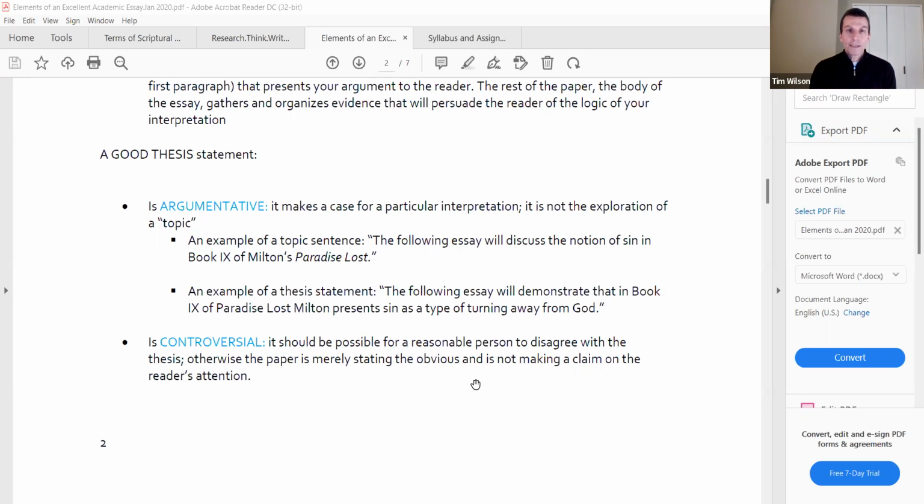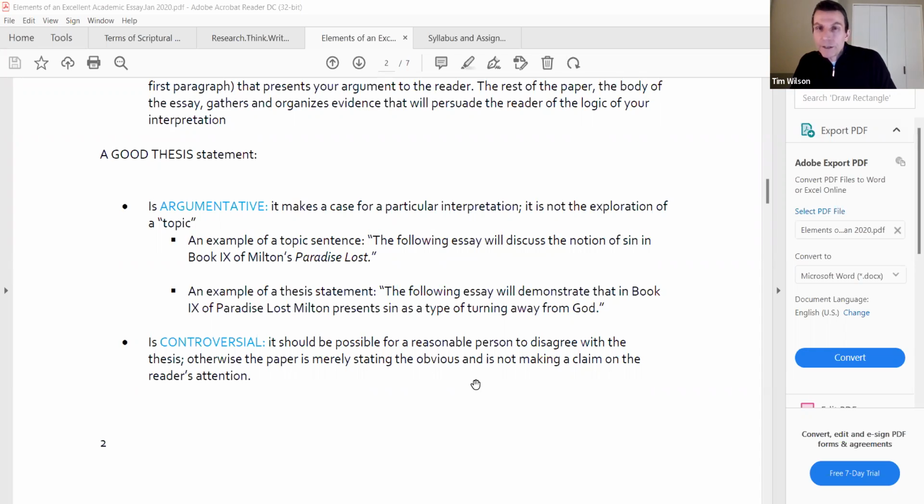First of all, it's argumentative. So it makes a particular case for a particular interpretation. It's not the exploration of a topic. An example of a topic would be: the following essay will discuss the notion of sin in book 9 of Milton's Paradise Lost, which is fine.